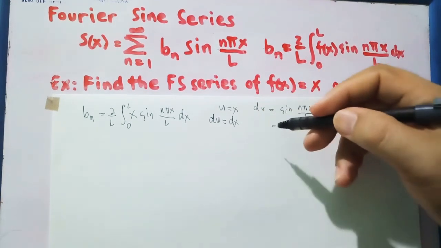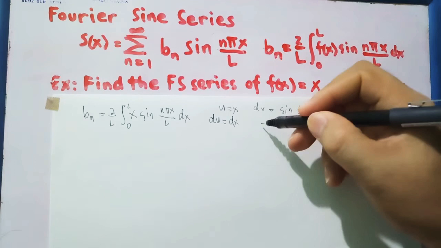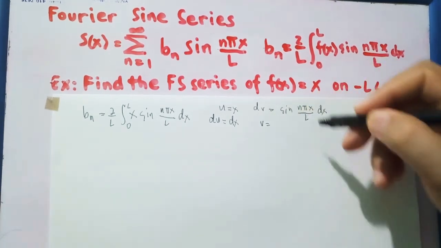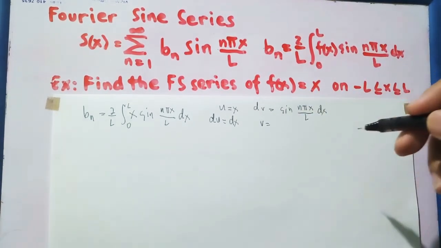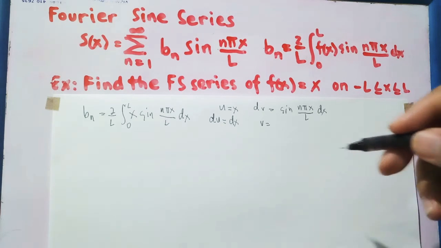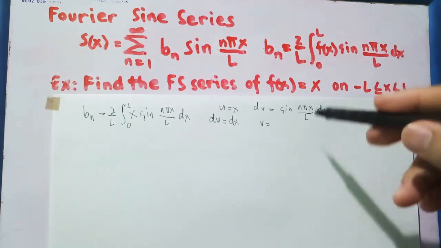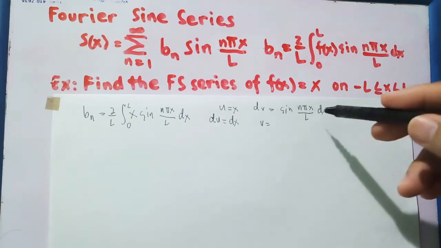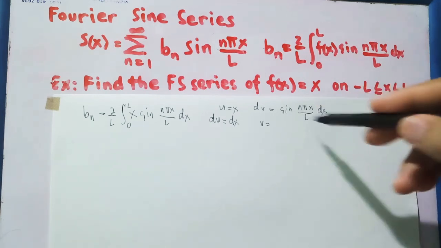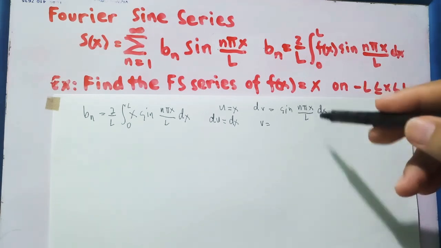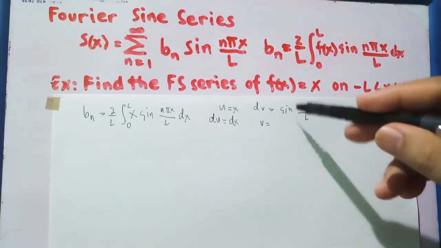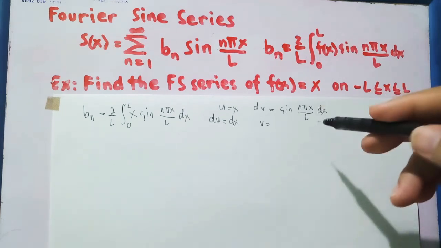And then this dv, if we integrate this one, we have v equivalent to the integral of sine. What is the integral of sine n pi x over L? We have our u as n pi x over L, so the derivative of this one equals n pi over L. And then the integral of sine equals negative cosine.